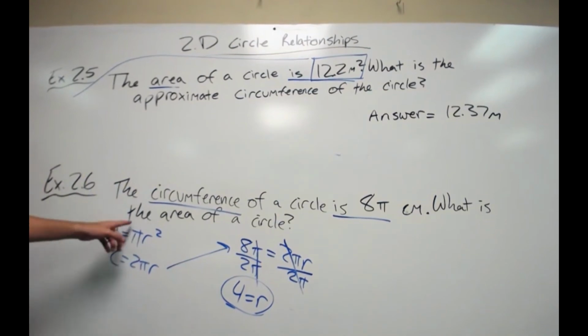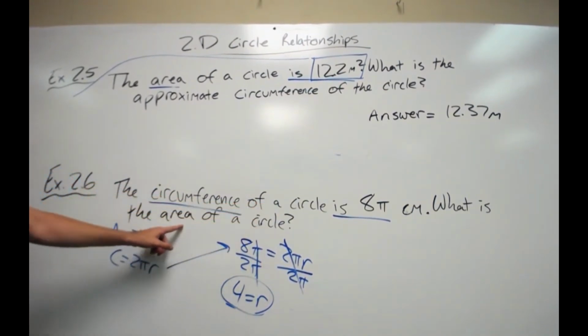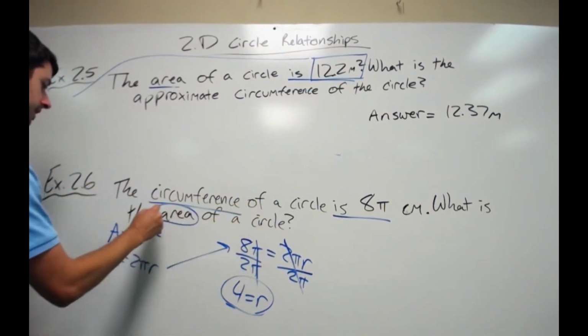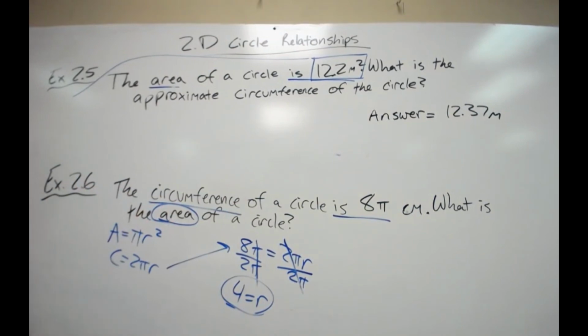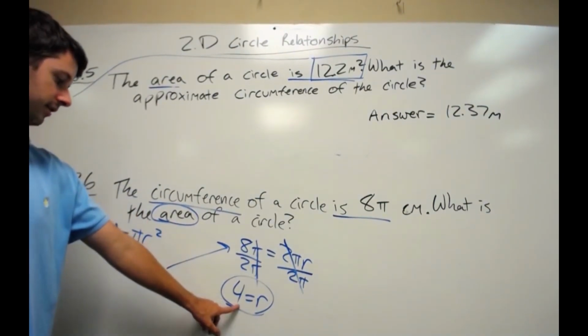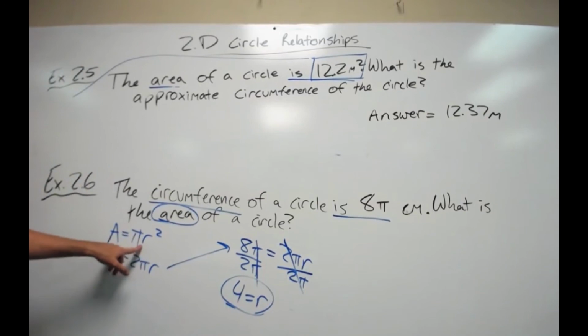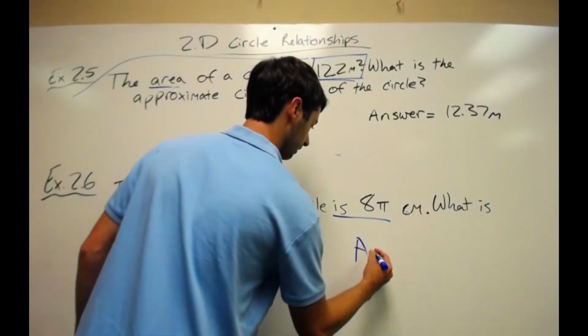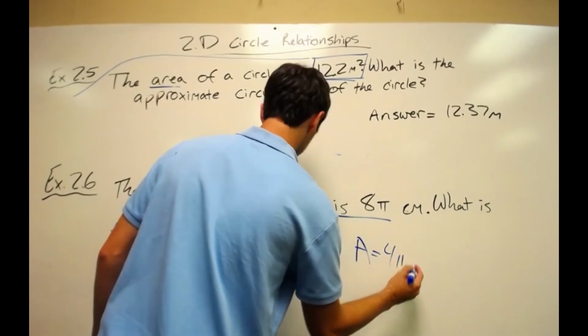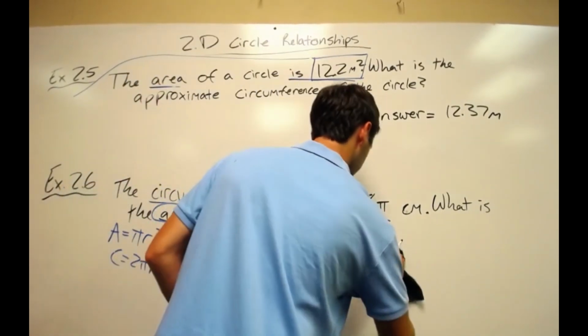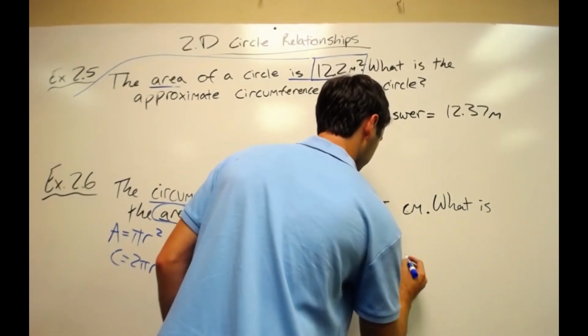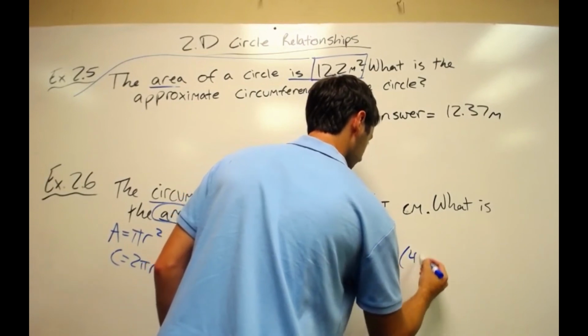Now, once again, it asks what is the area of a circle. So we actually need to find area. So we simply plug in the radius of 4 to our formula for area. Area equals pi radius squared.